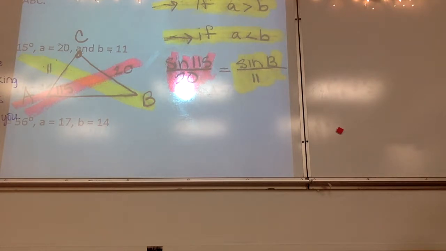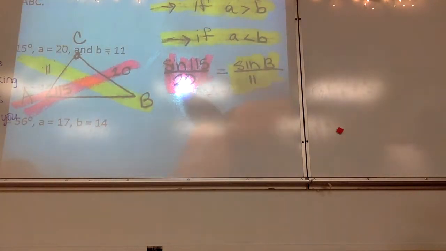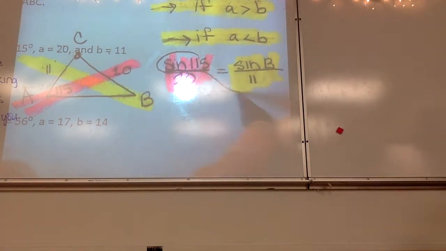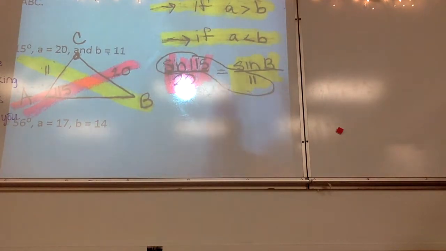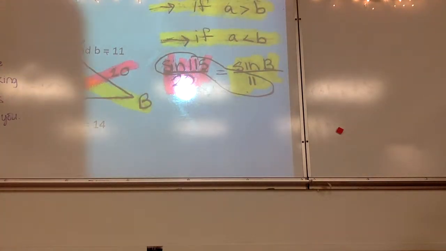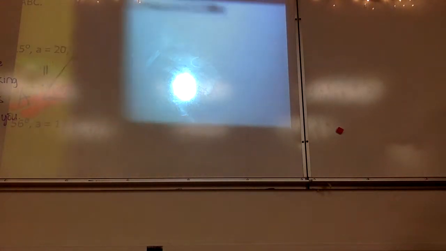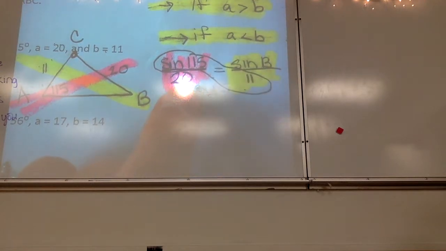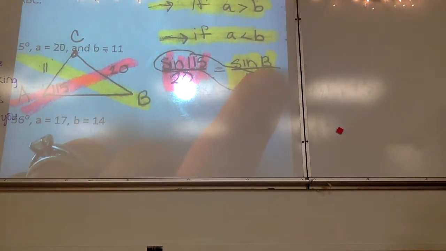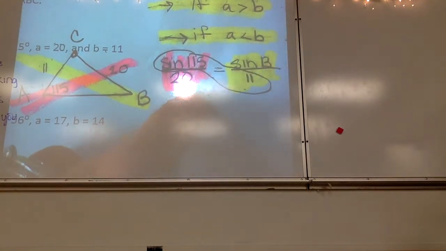Okay. So same thing, you do cross products. This time though, you're going to multiply 11 times sine of 115. So let's do that. What's different from last time so far? I think we used to multiply the 20 times the sine of this number first last time, but I don't know if that's... Doesn't matter?